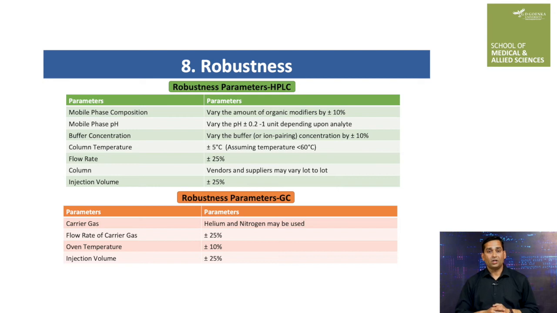Column temperature can be varied plus minus 5 degrees centigrade. Solvent flow rate may be varied plus minus 25%. Analytical columns of the same specification obtained from different vendors may be used. Injection volumes may be varied plus minus 25%.